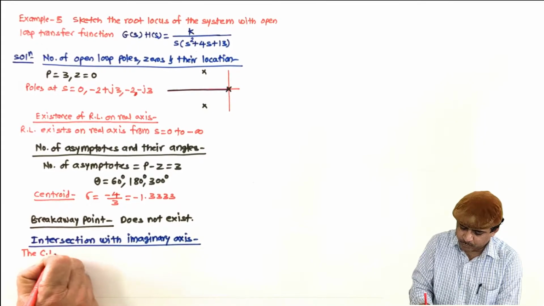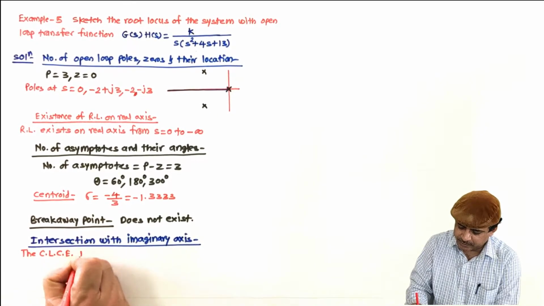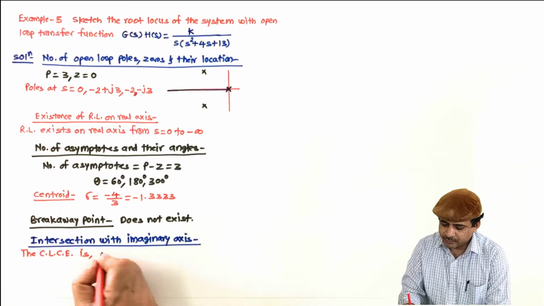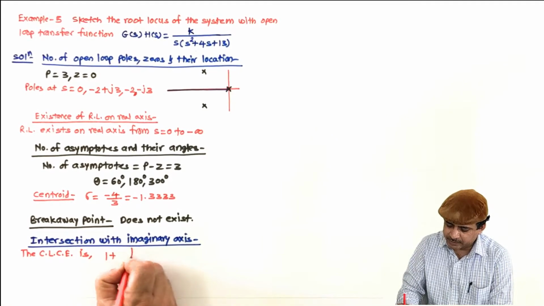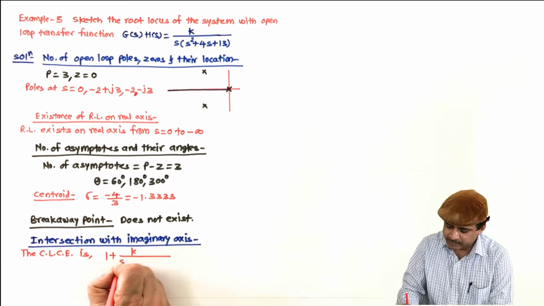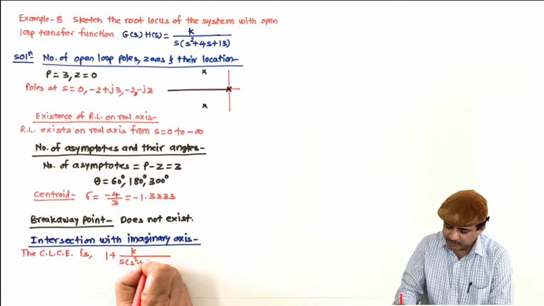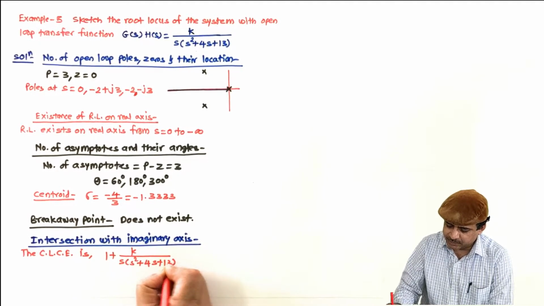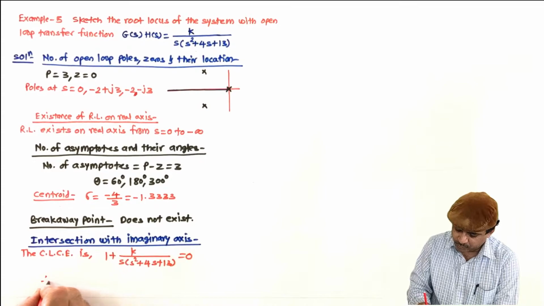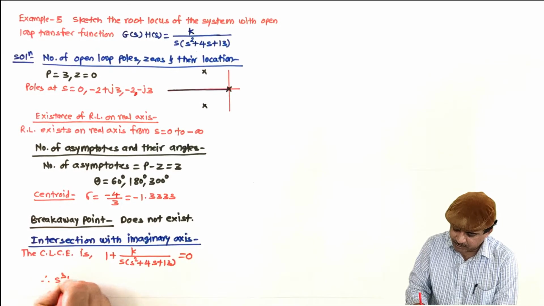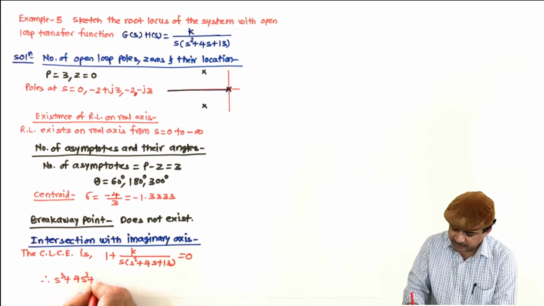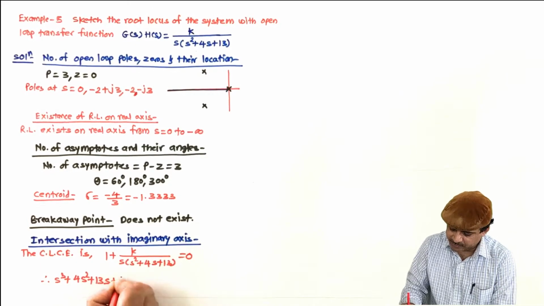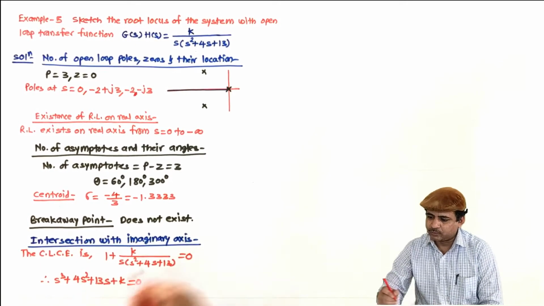The closed loop characteristic equation is 1 plus k upon s into s square plus 4s plus 13 equal to 0. So it is nothing but s cube plus 4s square plus 13s plus k equal to 0.